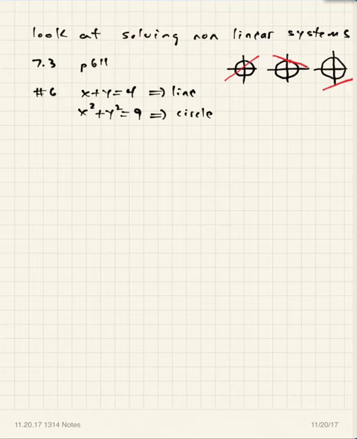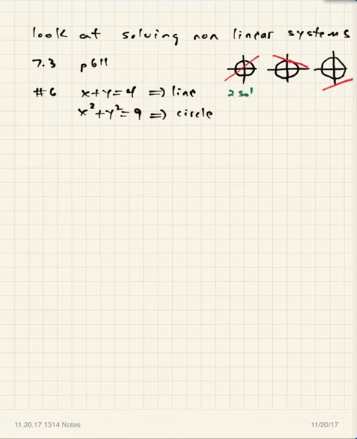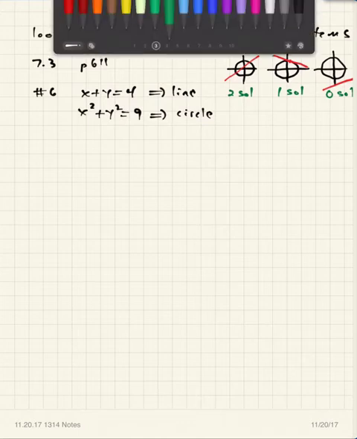Right? No intersection at all. So what happens here? We could have two solutions in this picture, one solution like this picture, or 0 solutions like this picture. You could certainly graph this system to get a better idea of what's going to happen here with these two equations.